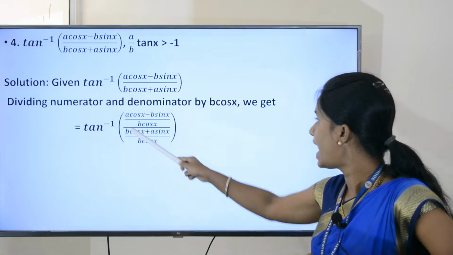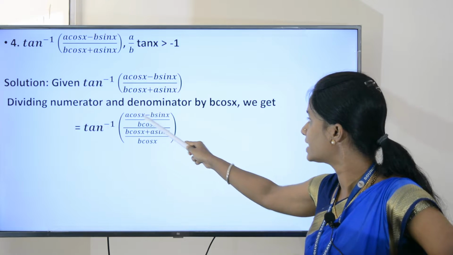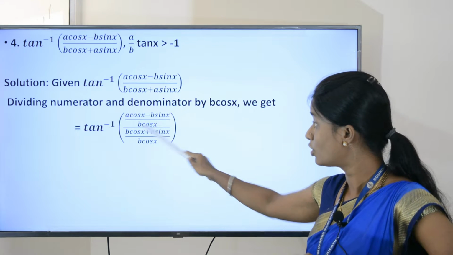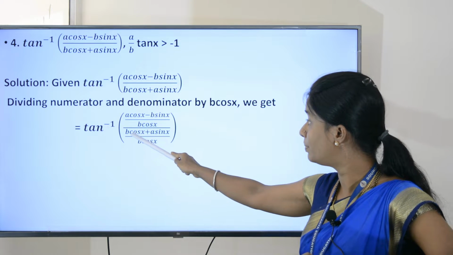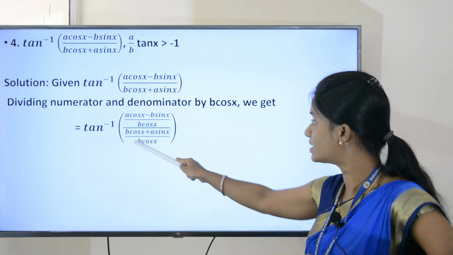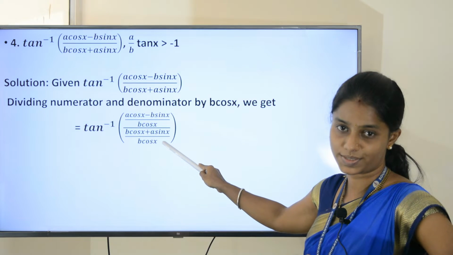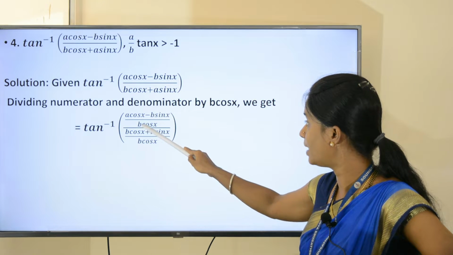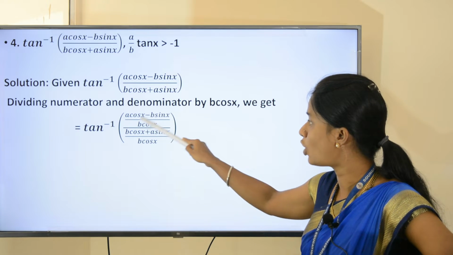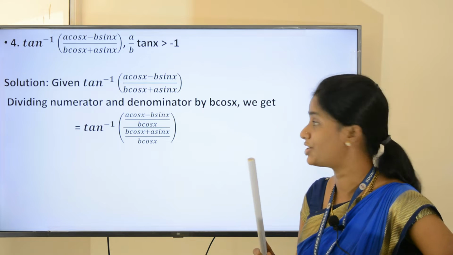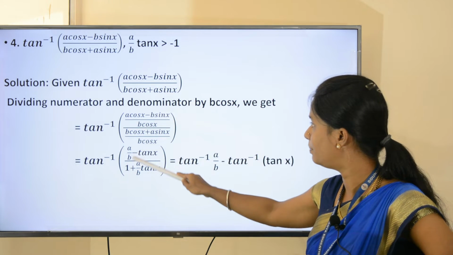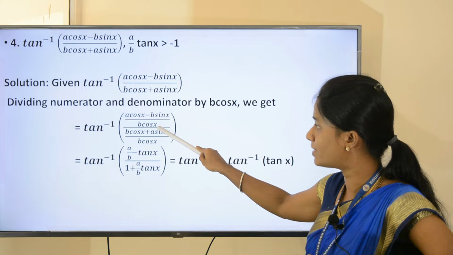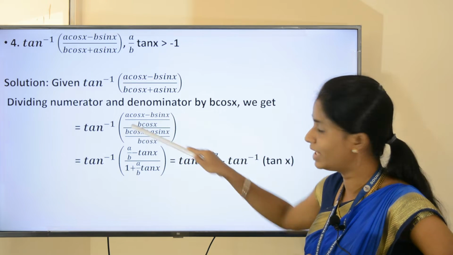So tan inverse of a cos x minus b sin x divided by b cos x, whole divided by b cos x plus a sin x divided by b cos x. Okay, please write a cos x divided by b cos x. What will happen? Cos x will get cancelled. Remaining will be a by b minus b sin x divided by b cos x. That b will get cancelled.